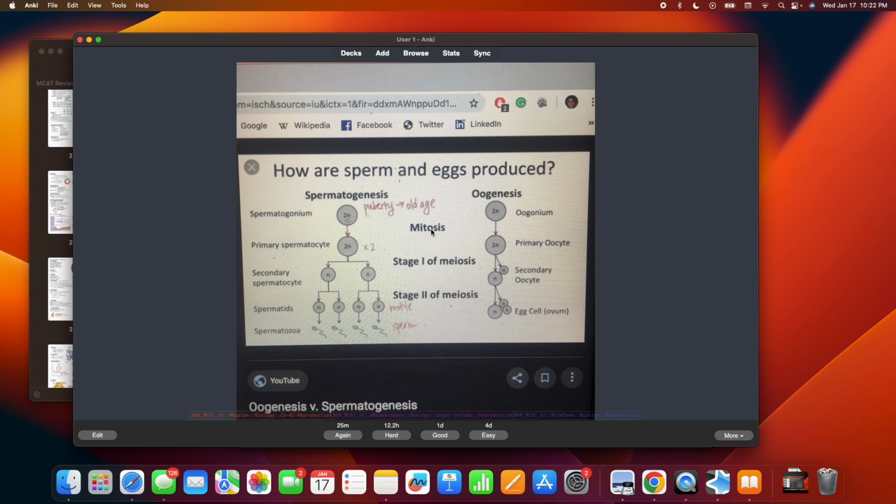Then we have primary oocyte, primary spermatocyte, secondary spermatocyte, secondary oocyte, egg cell ovum, stage 2 of meiosis, spermatids, spermatozoa, motile sperm or spermatozoa.